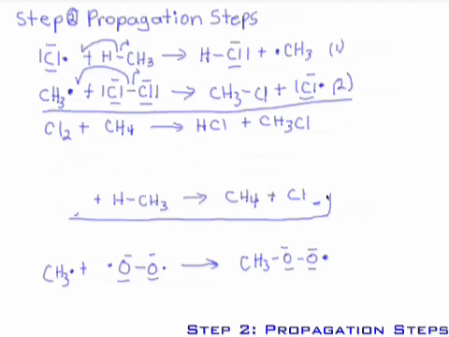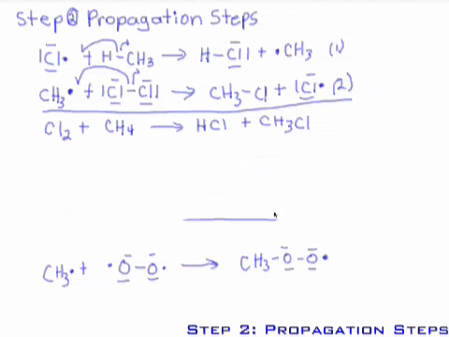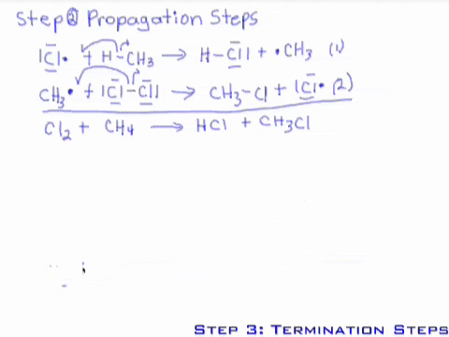But before we get to side reactions, let's take a look at how the actual chain reaction stops, because it looks like it would go on forever. Well, the obvious answer is that the chain reaction propagation steps are dependent on the presence of radicals. If radicals disappear, this reaction stops.